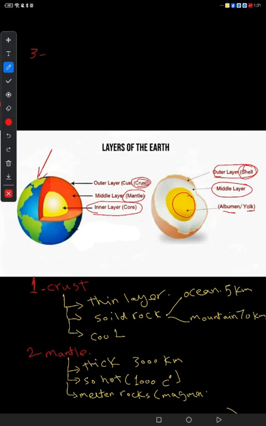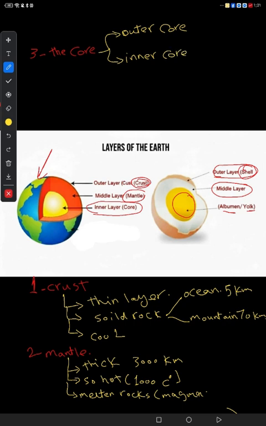It is called the core. In our earth, the core consists of 2 layers also. It is divided into 2 parts, the inner and the outer. Outer core and inner core.